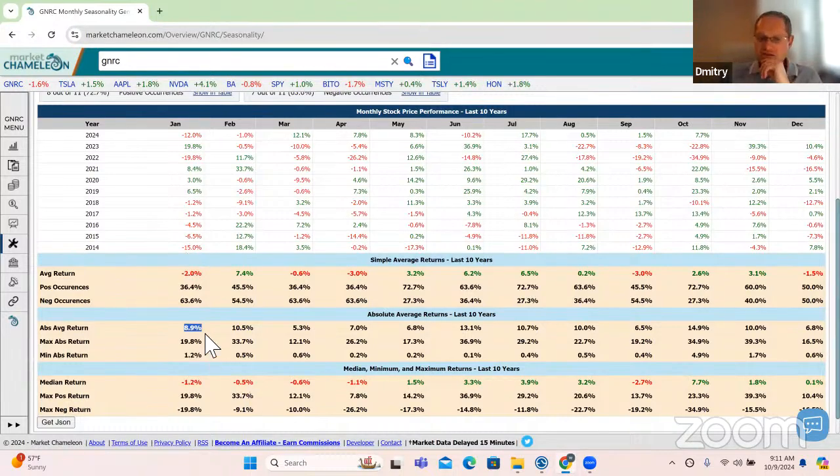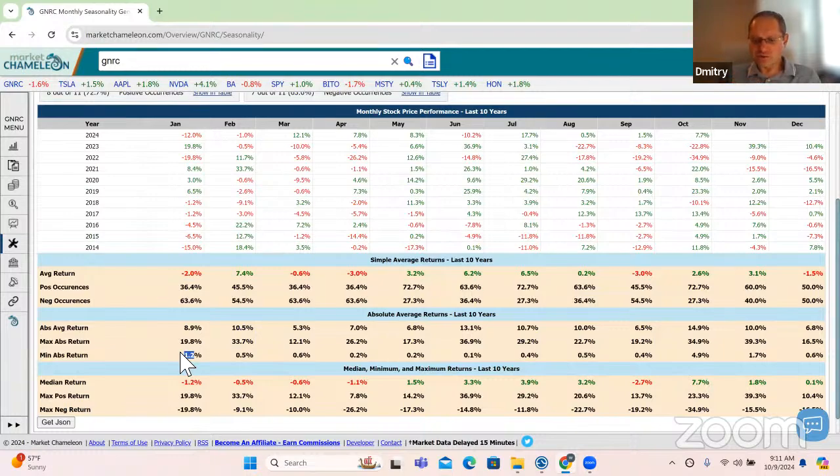And we see that on average, we got plus or minus 8.9%, with the highest move of 19.8% and the smallest move of 1.2%. So the range of the magnitude of the moves is pretty wide, from 1% up to 19%, with an average of 8.9. We could also look at it from the perspective of the median move.